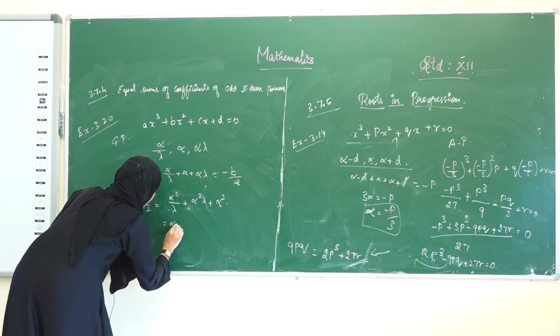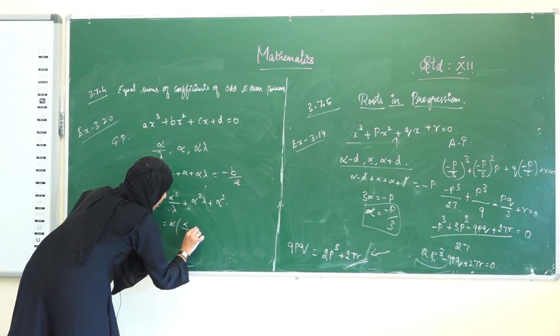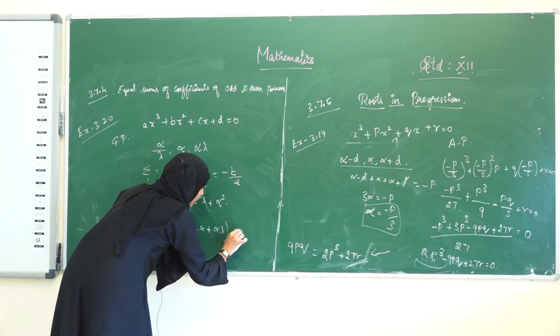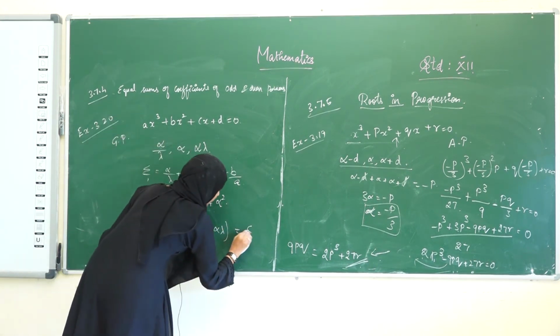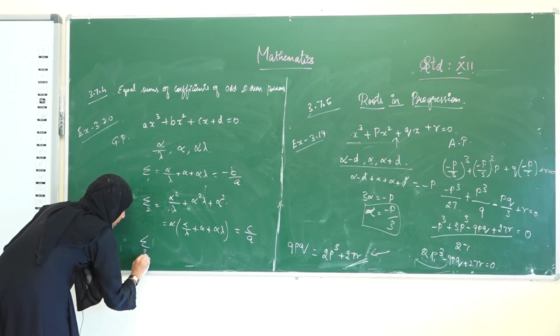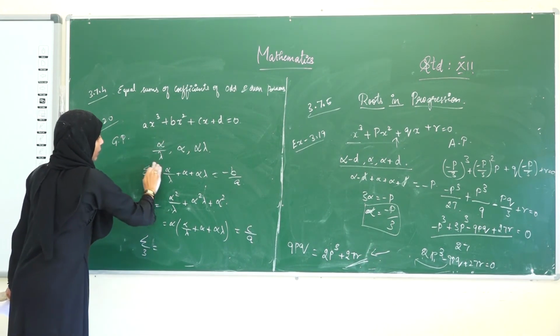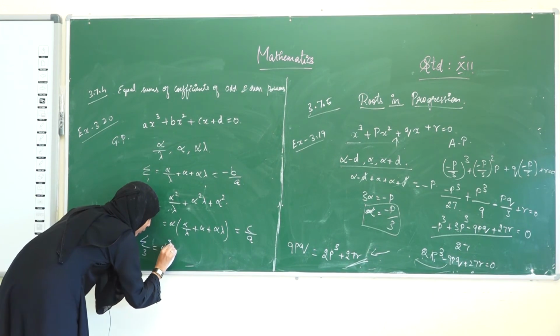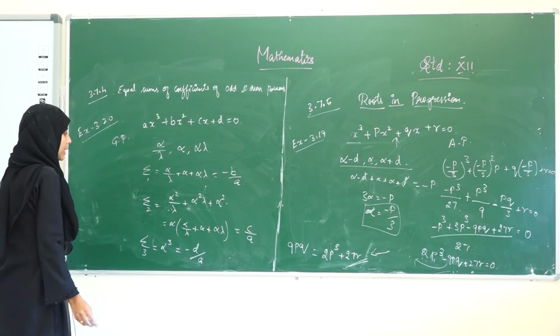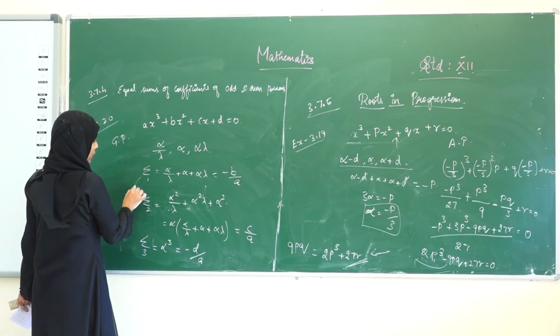This can be written as alpha, we take outside, alpha divided by lambda plus alpha lambda, which is equal to c divided by a. For clarification, we are taking this. Okay, since summation 3 we know already, the multiplication of this is alpha cube, which is equal to minus d divided by a.